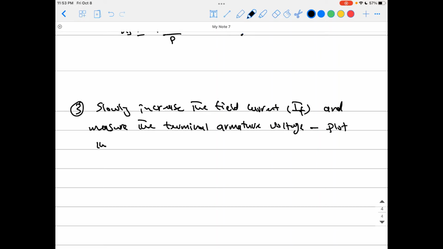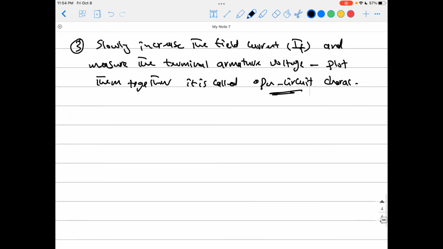Plot them together. It's called the open circuit characteristics. Okay, guys?